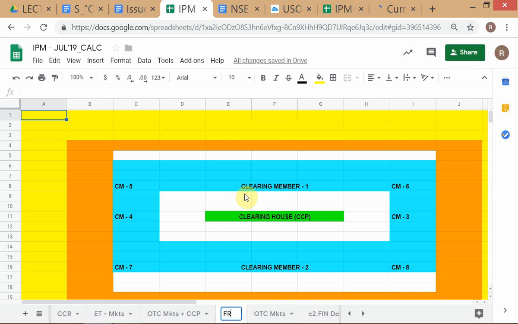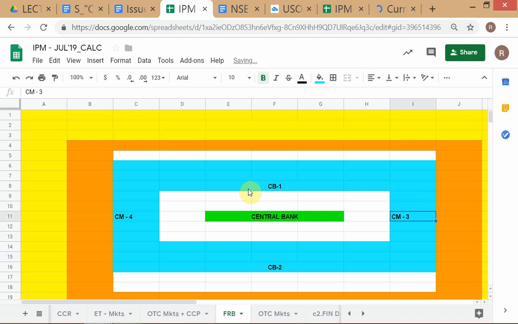Okay, so I'm going to write FRB, which is fractional reserve banking. FRB also stands for Federal Reserve Banks. Okay, so CB. Let's just have a few CBs so that I don't have to write too many.